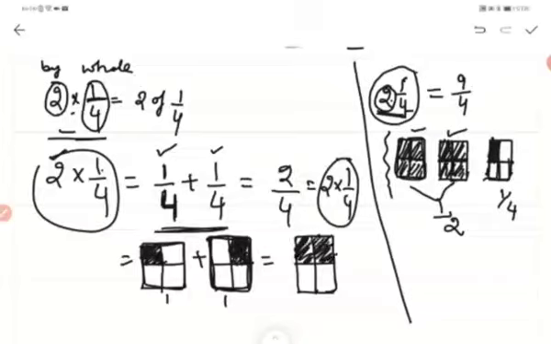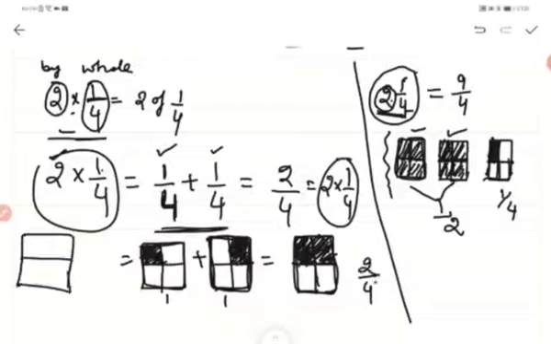These two parts will be used, or shaded. So in the denominator it will be 4, and 2 parts are used, so 2. This is 2 by 4, isn't it? So you represent your 2 into 1 by 4 like this. It is divided into 4 parts and it has used 2 parts of it.